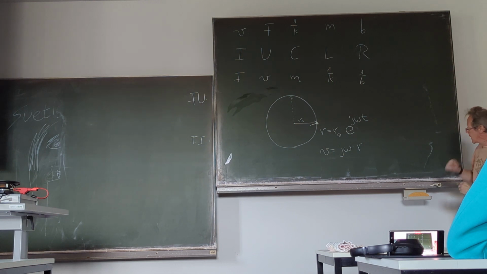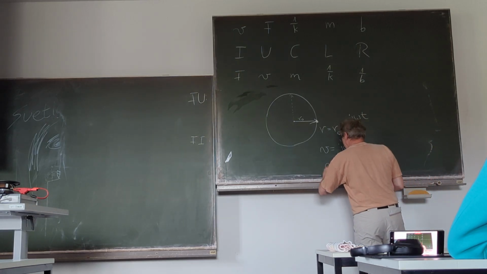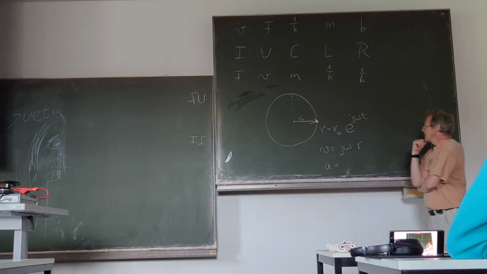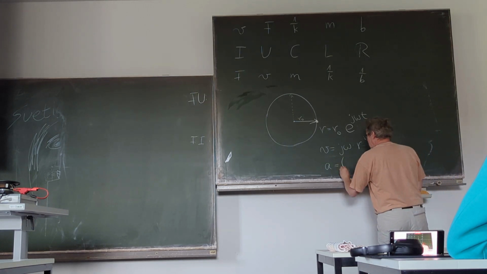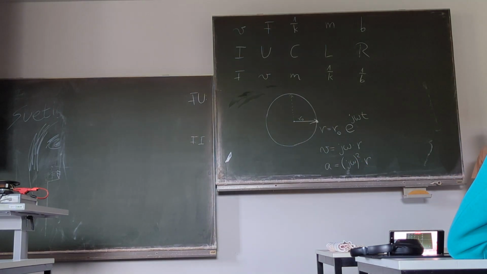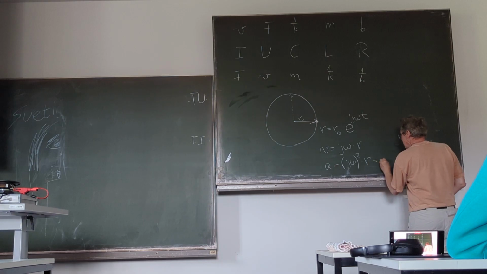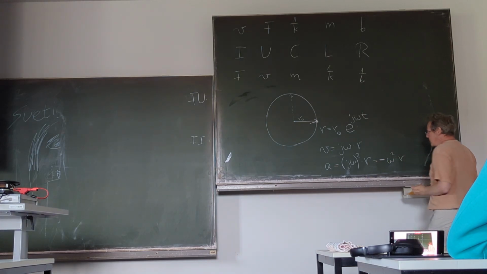We could even add an acceleration, which is the second derivative, so j omega squared times r. j squared is a minus sign, so we could also write this as minus omega squared multiplied with r.